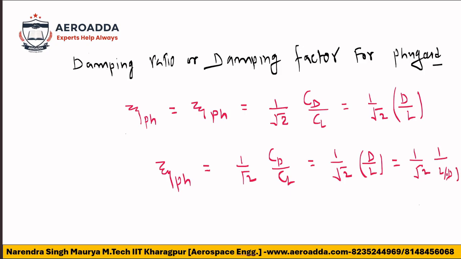What is L by D? L by D is E, correct. So 1 by root 2 E, but with high aerodynamic efficiency, less damping factor or less damping ratio. That also is a very powerful relation that can be asked to you.